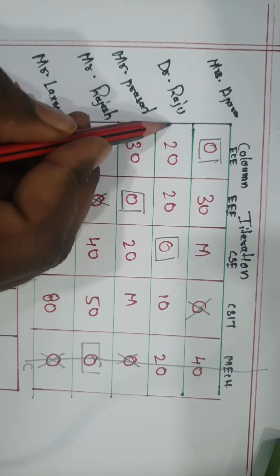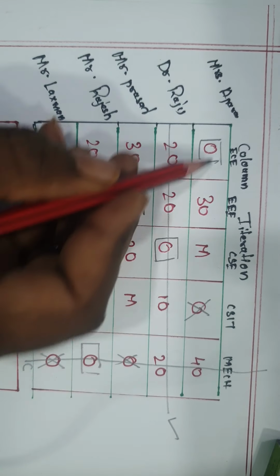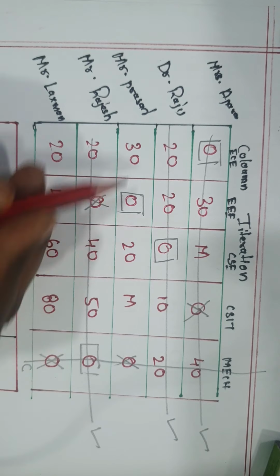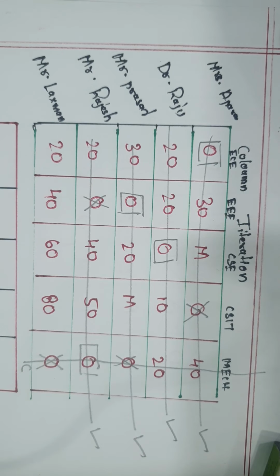Then you take horizontal lines: 1, 2, 3, 4. With the help of these lines you cancel all the zeros.